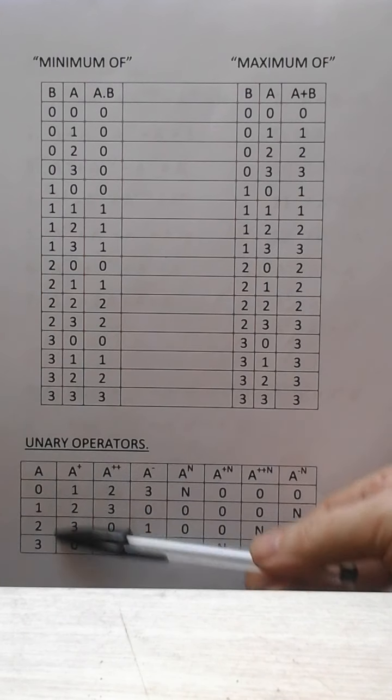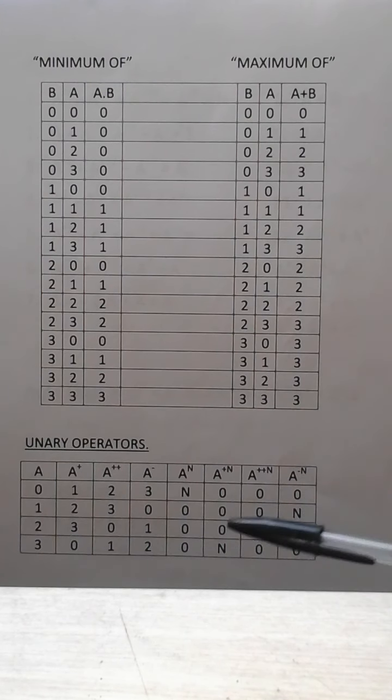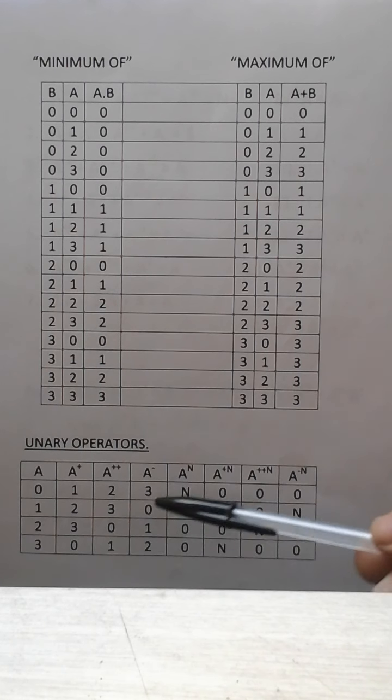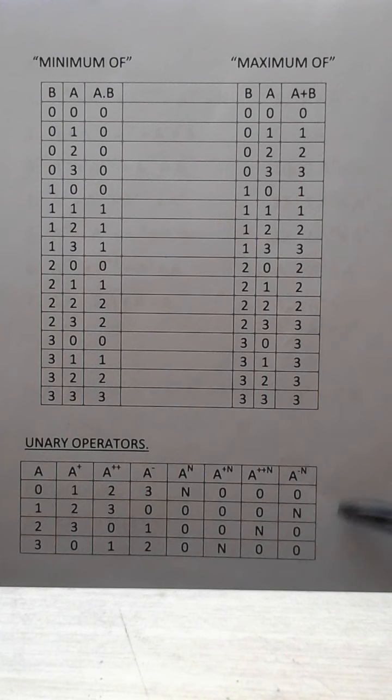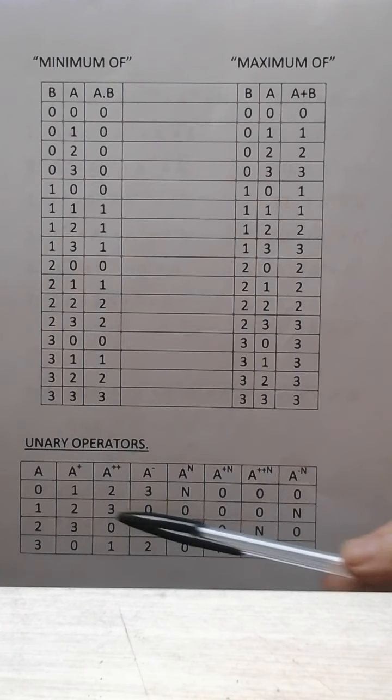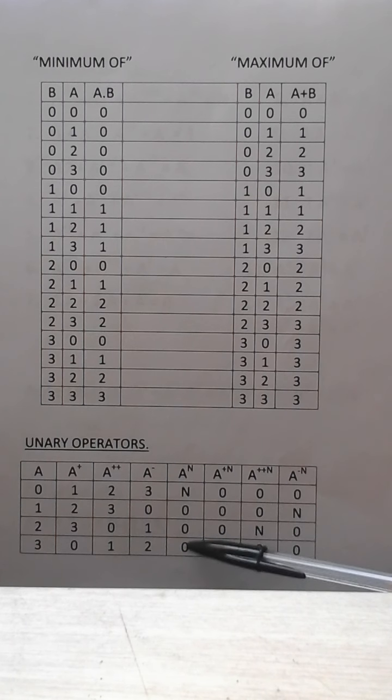Here we have the unary operators. A plus is A plus 1 modulo 4. A plus plus is A plus 2 modulo 4. A minus is A plus 3 modulo 4. Now these are the 4-valued unary operators. These are the 2-valued unary operators. A equals n is n if A equals 0 and 0 everywhere else.